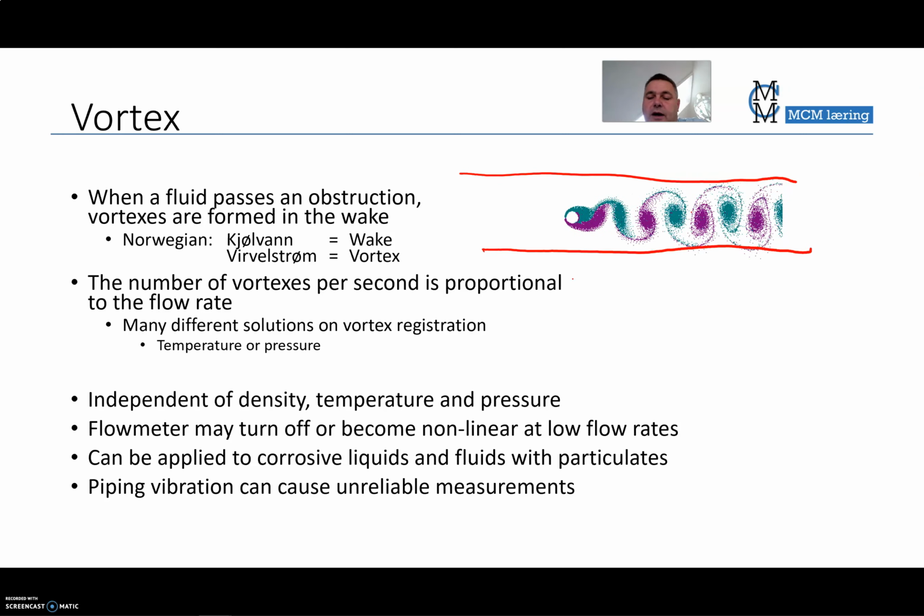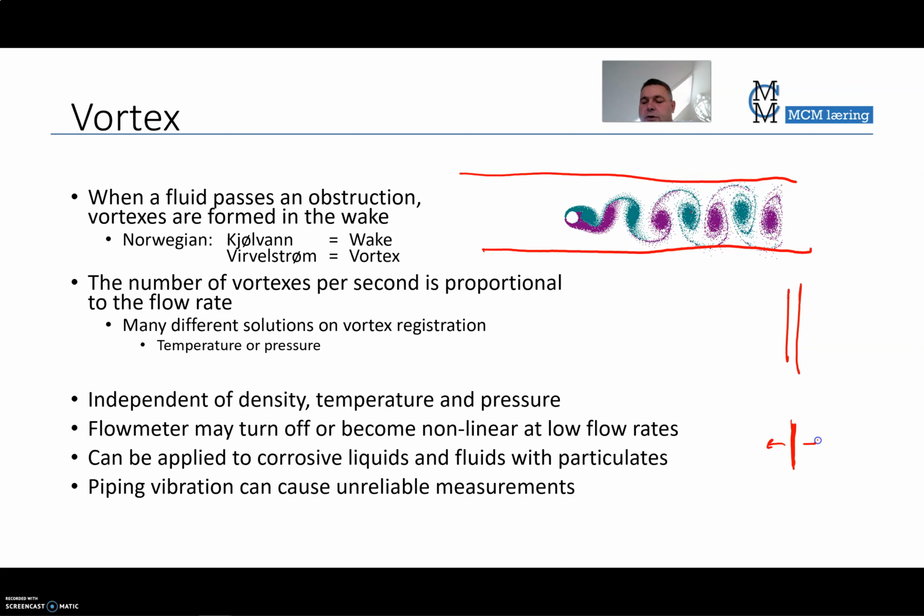So the idea is that you need some tool to find the vortices. One idea is that if you have the obstruction here, you can have a kind of rudder just behind it, and that rudder will go back and forth into the vortices, because the vortices have higher velocity and thus lower pressure.